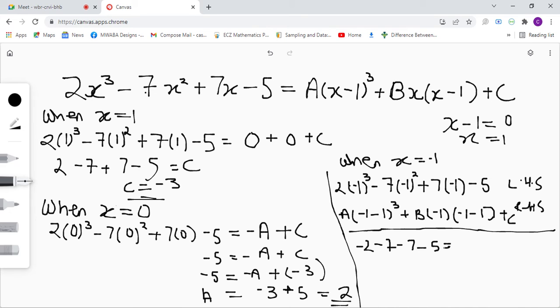And on our right hand side, all right, negative 1 minus negative 1, that's negative 2. Negative 2 cubed, that gives us negative 8a. And we have negative 8a, right? Negative 1 minus 1, you get negative 2. Negative 2 times negative b, we get positive 2b.